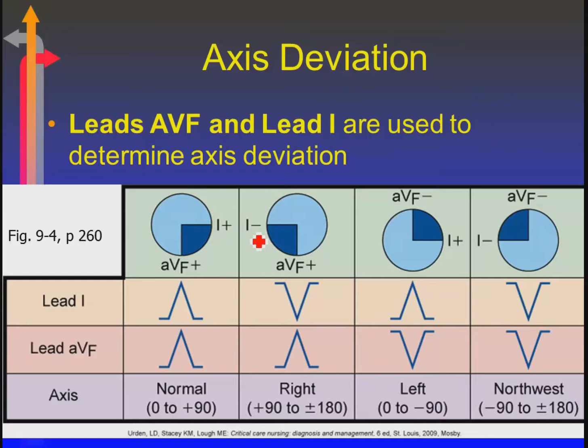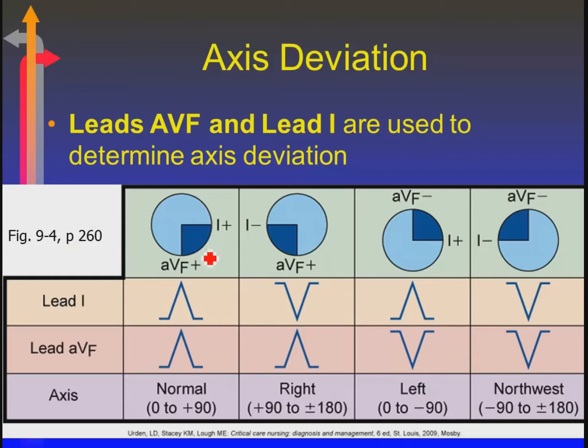If they're both positive, lead 1 has a net positive number of boxes, and lead AVF is positive, that means they're going to be in this quadrant right here. That's considered normal.